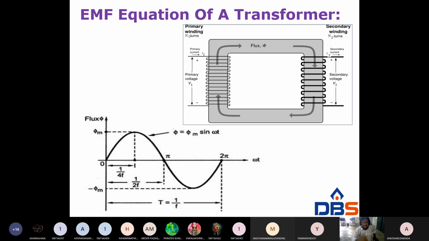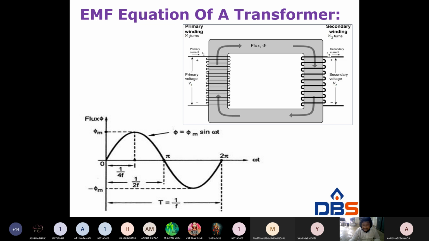So look at the figure, this is the alternating supply, and this is the maximum flux wave: 0 degrees, 180 degrees, 360 degrees. Now I am taking only half cycle. Why? Because the remaining half cycle is similar to this one. That's why I am taking only half cycle, 0 to pi. Again we can consider a quarter cycle.